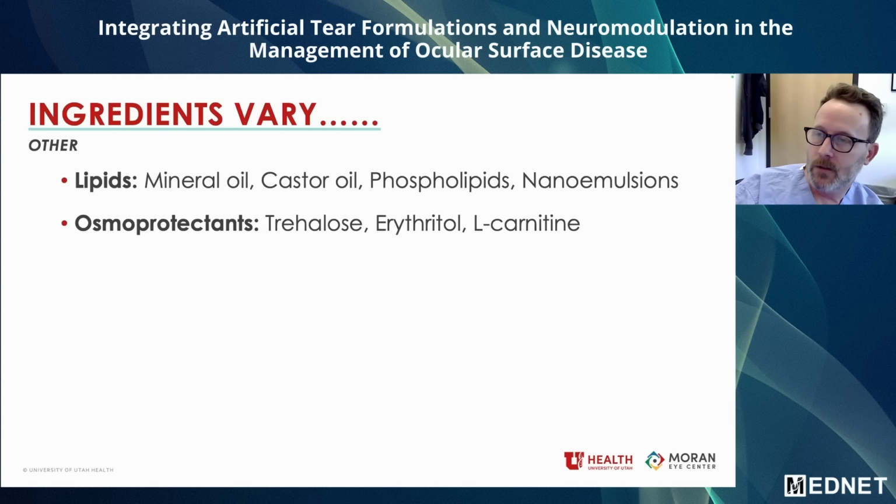And then often tiers will have other ingredients. They'll have lipids to recreate the lipid layer of your tear. And they can have osmoprotectants like trehalose that protect against that damage from hyperosmolarity.